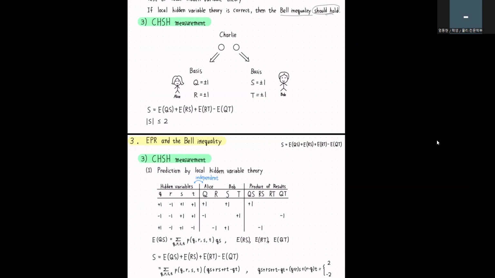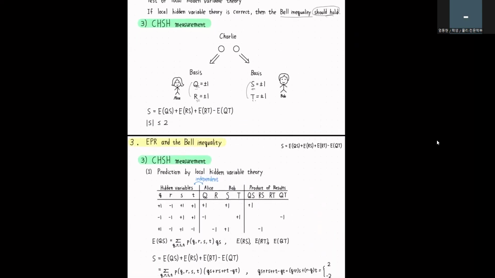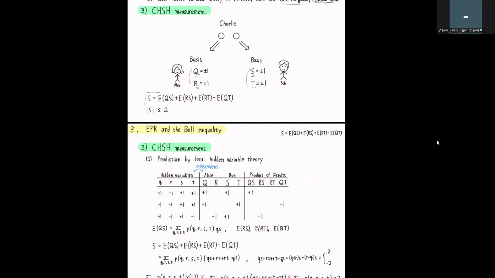And so Alice has two different bases it can measure the particle in, and particle 2 can also be measured in the same way, and each of these outcomes is labeled according to these letters Q, R, S, T. So Q and S are on one basis and R and T on another basis. And so Bell's inequality is basically that if hidden variable theory is correct, then this quantity S, defined by this, should be less than or equal to 2.